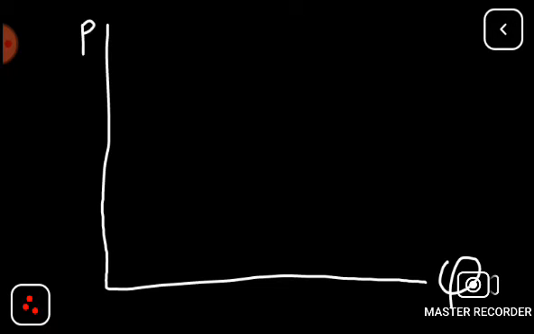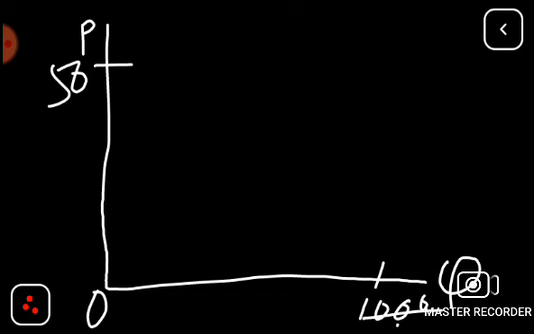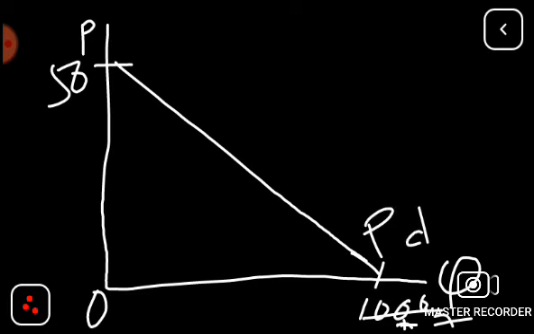This is 0, this is 50, and this is about 1000 over 7, which is the one that we got. Then our demand function is not manipulated by anything, so it remains constant.